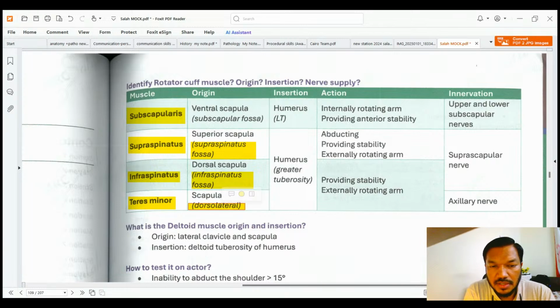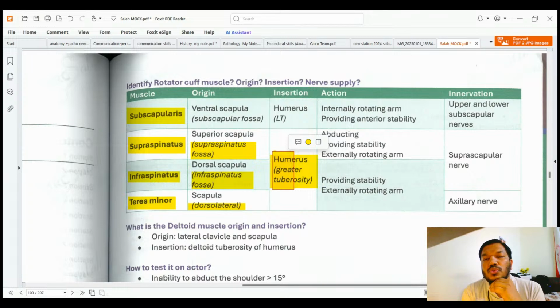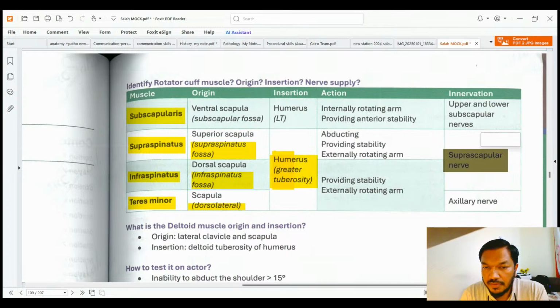All three are inserted into the greater tuberosity of the humerus. Supraspinatus and infraspinatus are innervated by the suprascapular nerve, teres minor by the axillary nerve.